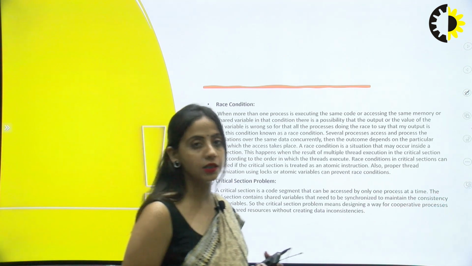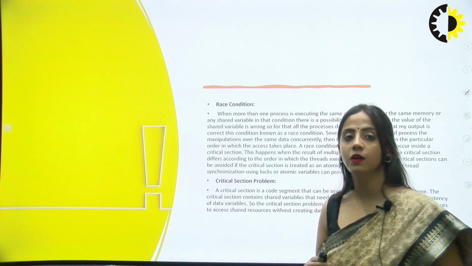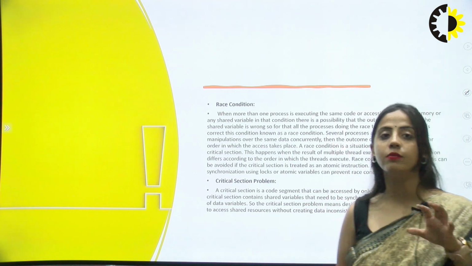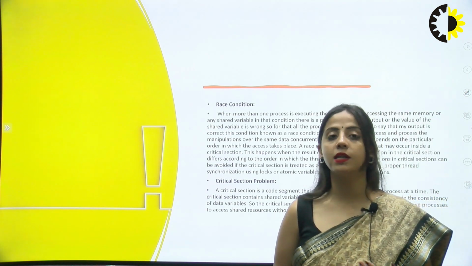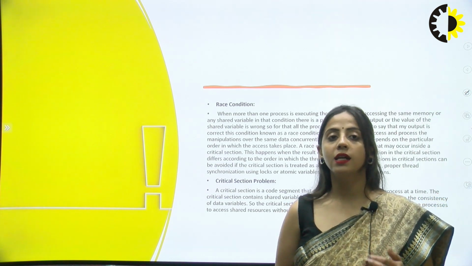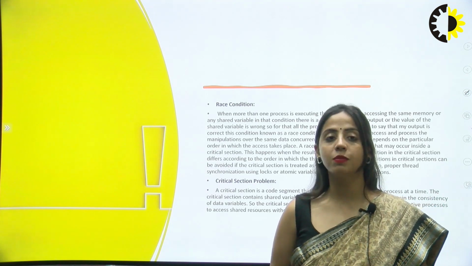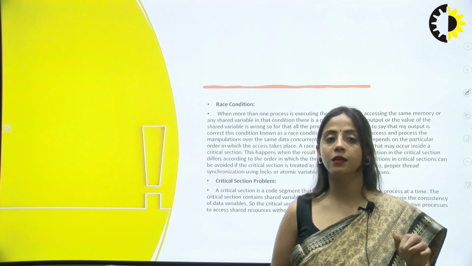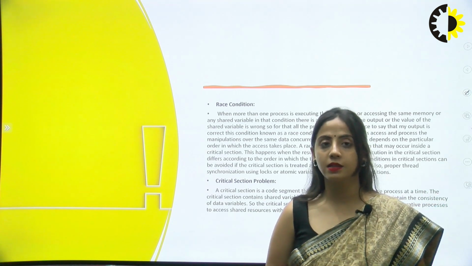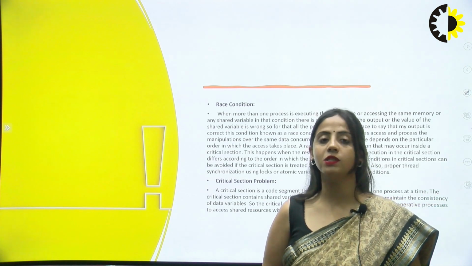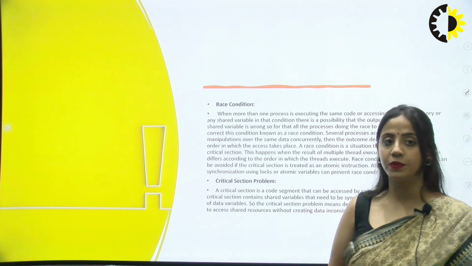Now, what is a race condition? When more than one process is executing the same code, or more than one process is accessing the same memory or any shared variable, multiple manipulations are performed on the same data. So inconsistency arises, which leads to the situation we term a race condition.